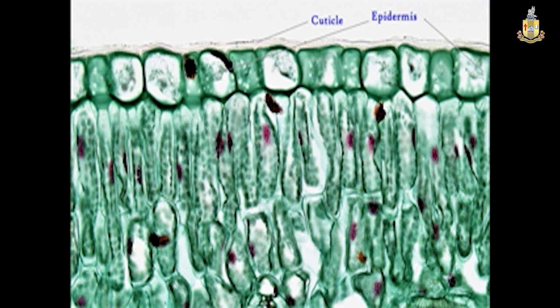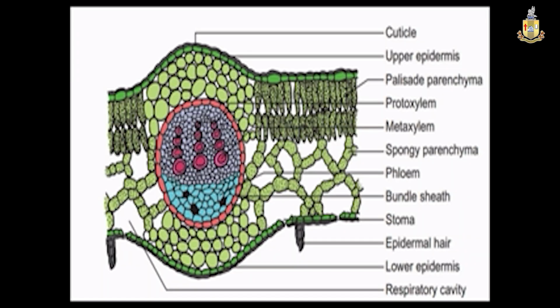The opposite end, or other side of the leaf, will also have the same cuticle followed by the epidermis. Which means the leaf has two epidermal layers. One is called the lower epidermis, another is called the upper epidermis. Here you can observe that the lower epidermis is not continuous, unlike the upper epidermis, which shows continuity without any interruption.